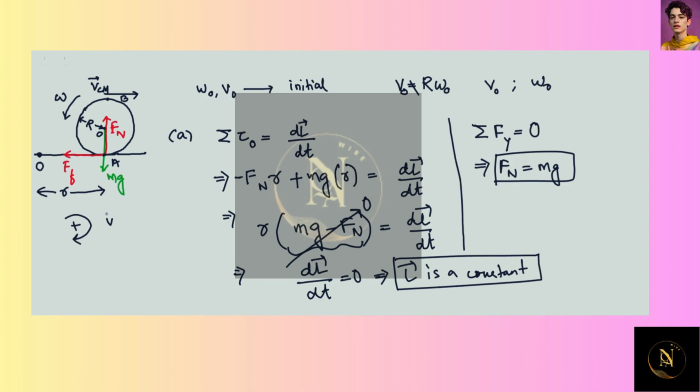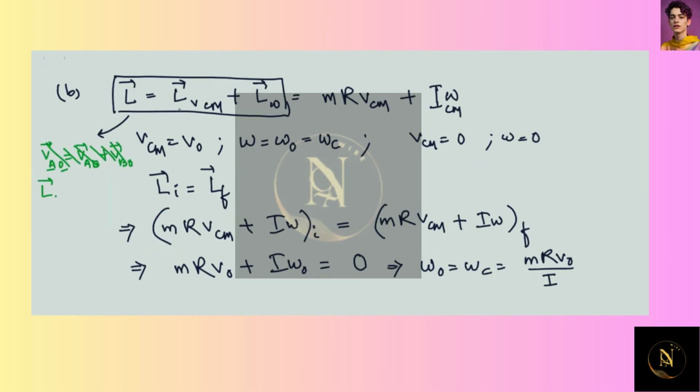So we can write the velocity of B, sorry, you have to write for angular momentum. So we can write angular momentum of B with respect to A. We can write that to be equal to angular momentum of B with respect to O plus angular momentum of O with respect to A. And angular momentum of O with respect to A is the angular momentum of the center of mass.